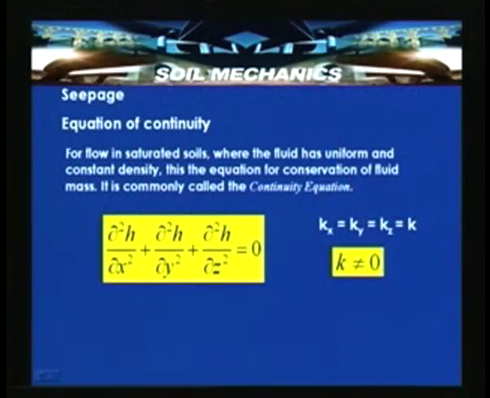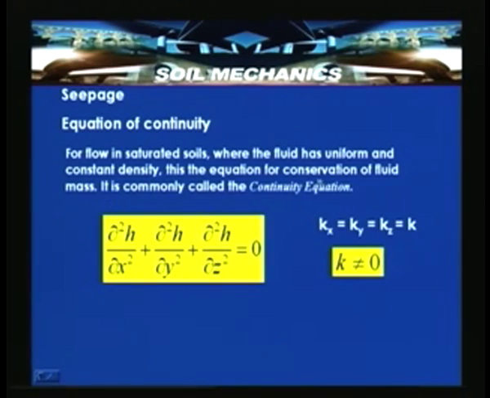In the equation of continuity, as defined in the previous lecture, for flow in saturated soils where the fluid has uniform and constant density, the equation of conservation of fluid mass is given here.